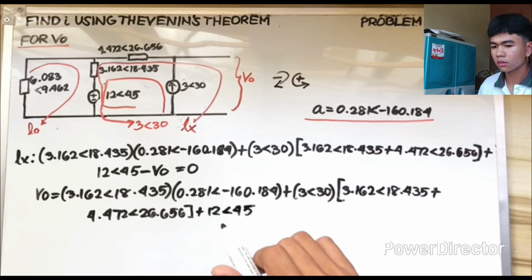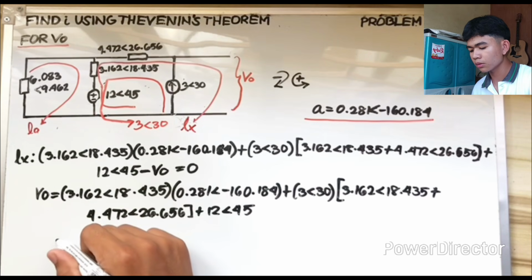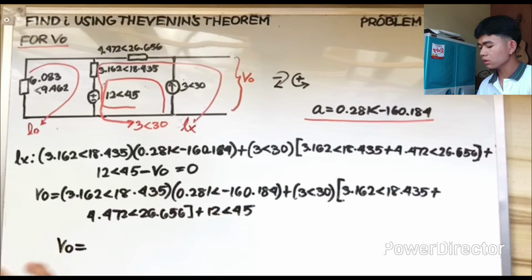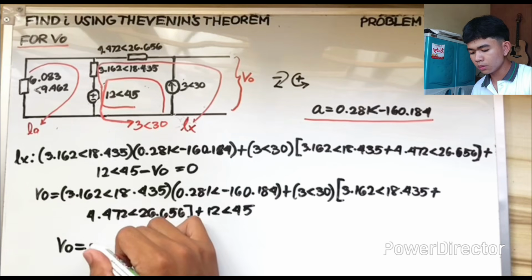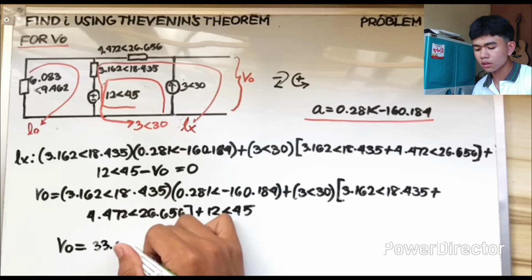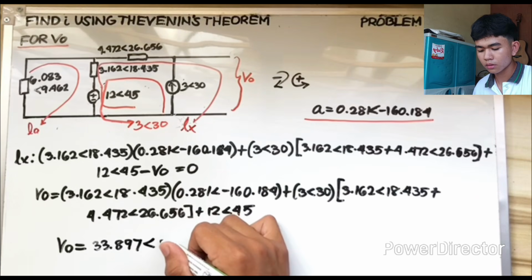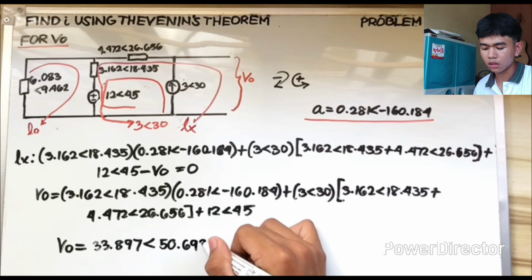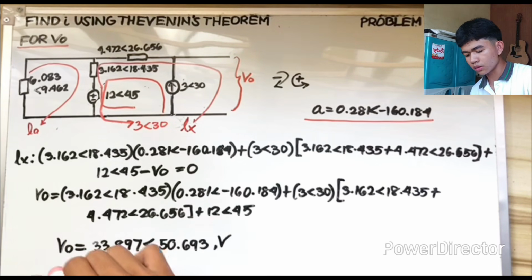We can now get the value of V sub O by simply putting it into our calculator. Our V sub O is 33.897 angle 50.693 volts.